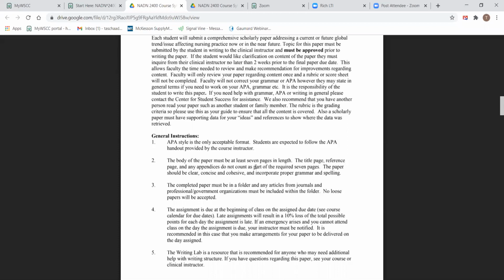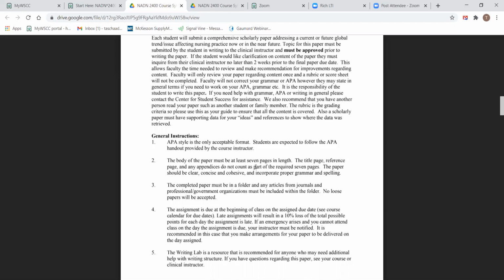The assignment is due at the beginning of class on the assigned due date. See the course calendar for that. Again, late assignments lose 10% for each day that is late. We know that emergencies arise, but you have plenty of time to get started and have this completed in a timely manner and to your clinical instructor.